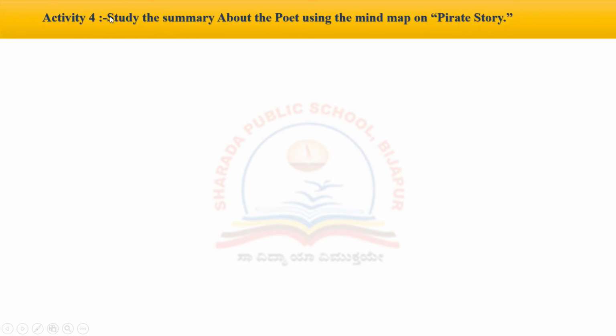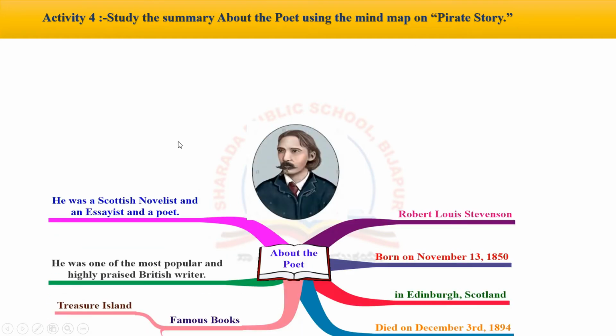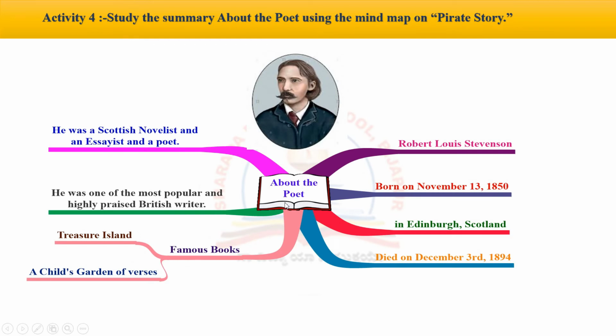Activity 4. Study the summary about the poet using the mind map on Pirate Story. About the poet. Robert Louis Stevenson is a poet. He was born on November 13, 1850 in Edinburgh, Scotland.